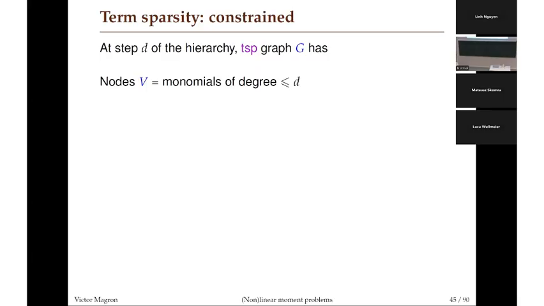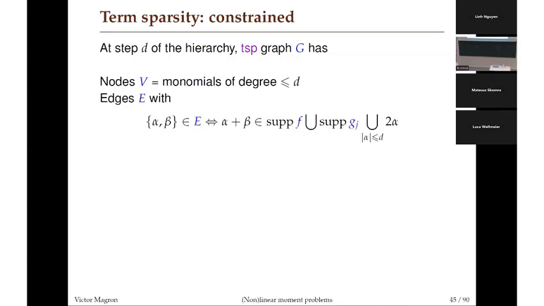Okay. And so in the constraint case, basically you pick the step of the hierarchy, and you pick as a basis the set of all monomials of degree up to d. So this is your set of nodes. Then you add an edge if the product appears in your input data, or if the product is a square.